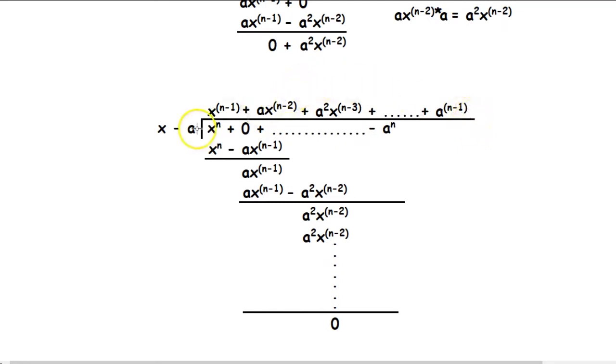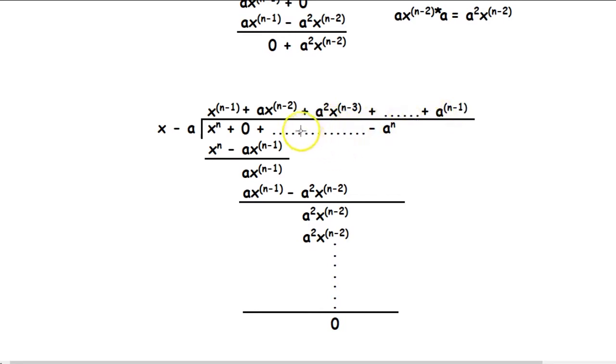Similarly, when we analyze the power of a, we can see that the power of a increases by 1 in the next term. So here we have a to the power 0, that is 1. So here we have a to the power 1, the second term. Then the third term will be a to the power 2. So the nth term will be a to the power n minus 1.